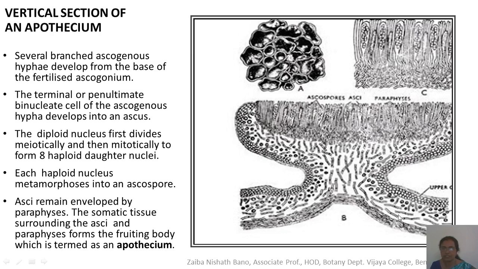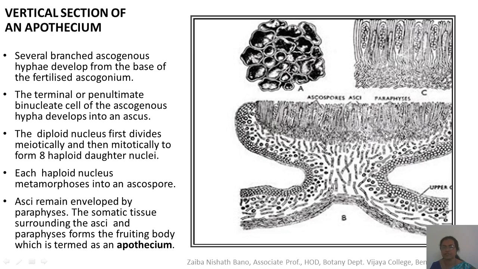You can see the vertical section of the apothecium where you can find the outer layer of the apothecium. You can find the algal layer here. You can see these rounded cells which form the algal layer. You can see the central part of the apothecium which is made up of fungal hyphae. Now here you see the fertile layer.